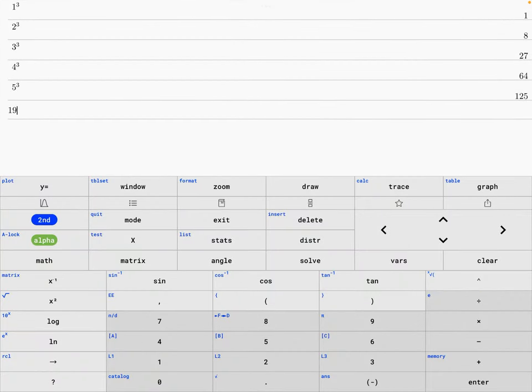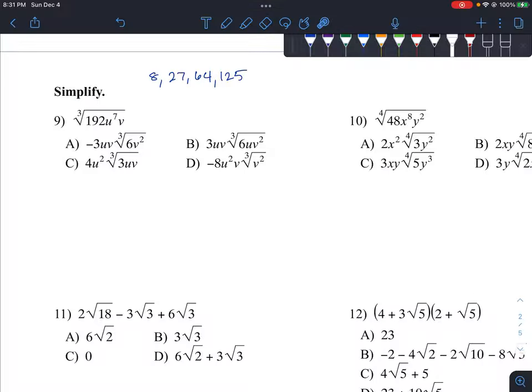So 192 divided by 64 is 3. So there we go, we already found it. So 64 times 3 is going to give you 192. So I have the third root of 192, which is equal to the third root of 64 times 3.